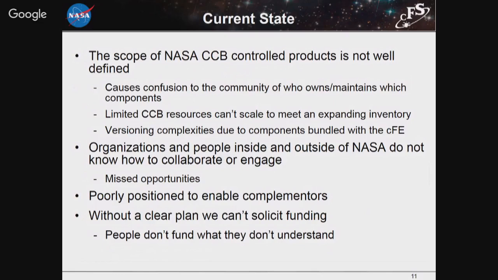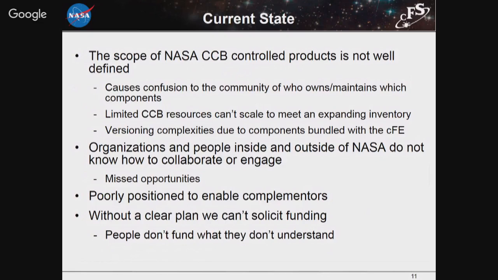So now we've got that transition we want to do. Here's the current state, and I think we've touched on some of this. The scope of the CCB is something we haven't really defined. We've just kind of evolved and things have just happened. I think that's causing confusion about who owns and maintains which components. We have limited resources, so we definitely can't just keep taking new products in.